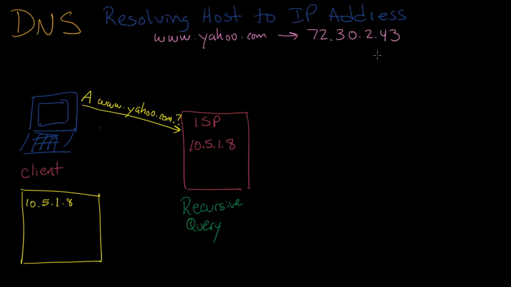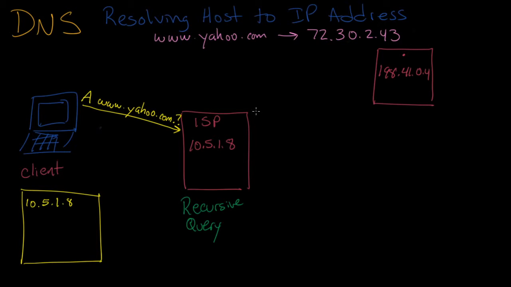And that someone else is going to be a DNS server for the top level root zone. Let's say its IP address is 198.41.0.4, which is an actual IP address of one of the root DNS servers.